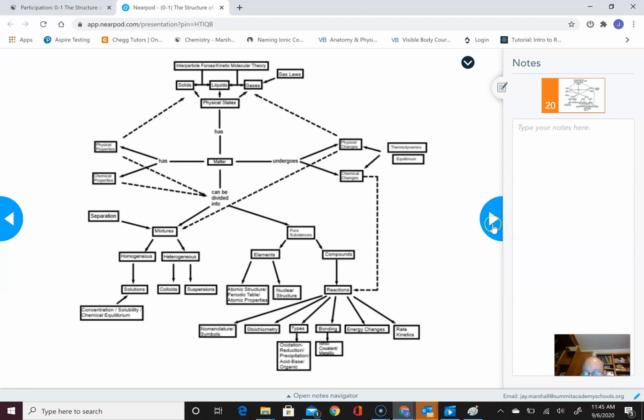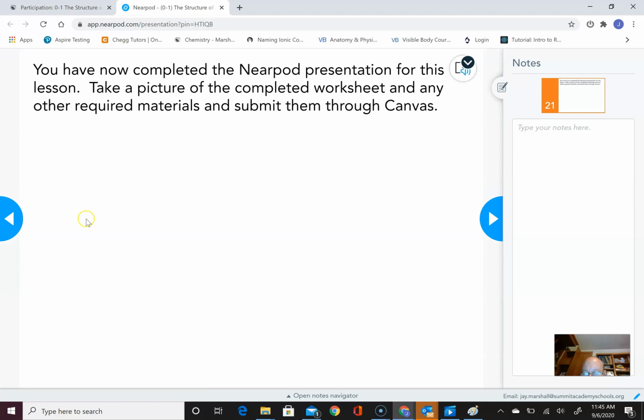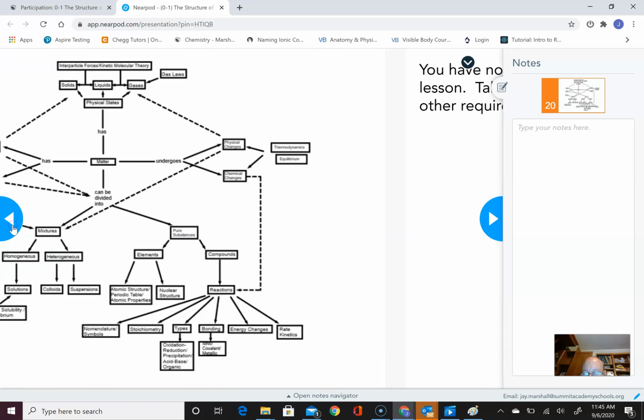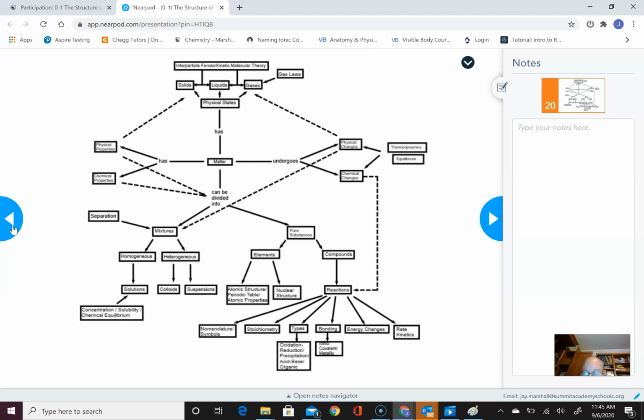Okay, so you've completed, well, let's go back here. We've got this graphic organizer now, and the way to think about this and the way that it's going to help us is to recognize we have this core concept of matter that has properties and undergoes chemical changes, and these core properties and changes are going to allow us to classify substances.